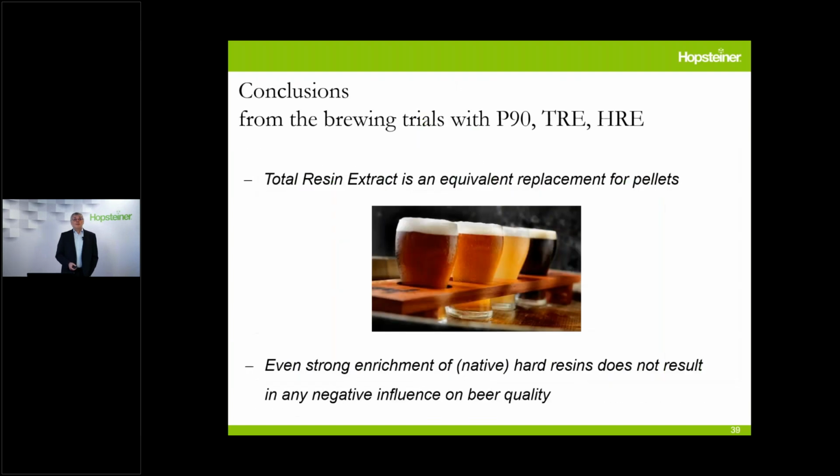So the summary of this study is that the total resin extract seems to be an equivalent replacement for pellets, and even strong enrichment of these native hard resins does not result in any negative influence on beer quality. And this is, I think, the most important message. Hard resins are positive from a scientific point of view, and let's say from a fundamental research view, and they seem to have no negative influence on beer quality in practice.